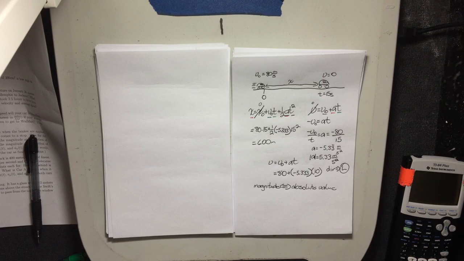Does that answer? So for the second question, what is the magnitude and direction of the car's velocity at 10 seconds, would this be whatever the answer is to the left? Or is it meters? Well, what is 80 plus negative 5.333 times 10? I got 26.6. Did you get negative 26 or positive 26?